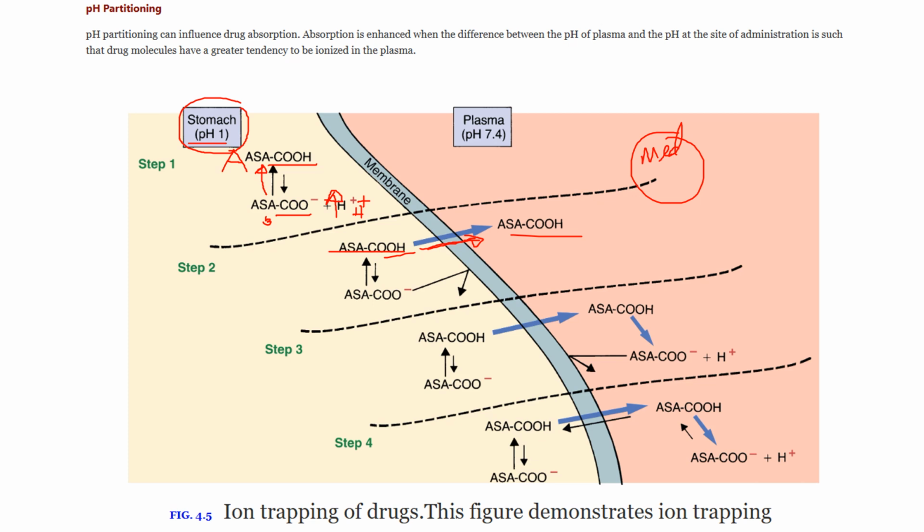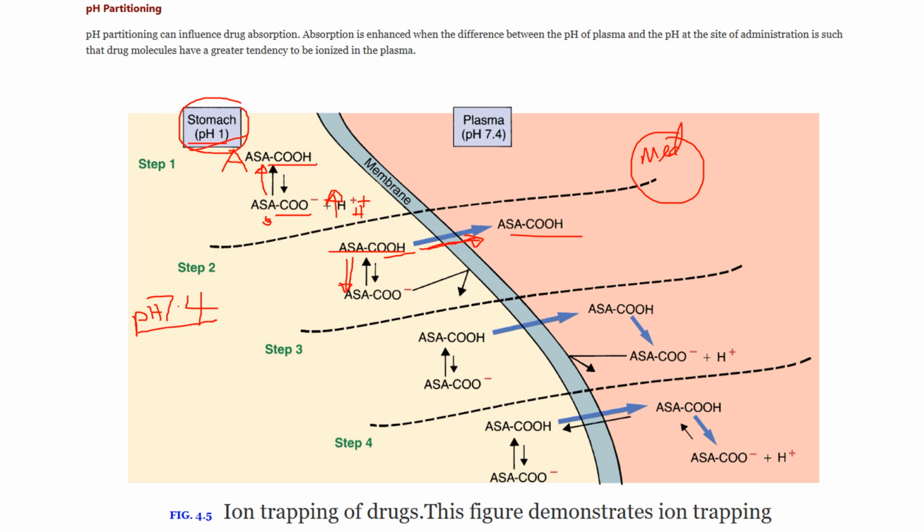let's see what happens once the environment changes. So let's just assume I use an antacid and I've changed the pH in the stomach to like a pH of 7.4, if that was possible, okay? I did some magic, took a lot of antacid, and now the pH is 7.4. What that does is now there are a lot fewer hydrogen ions, so the reverse reaction is what will be favored, okay?